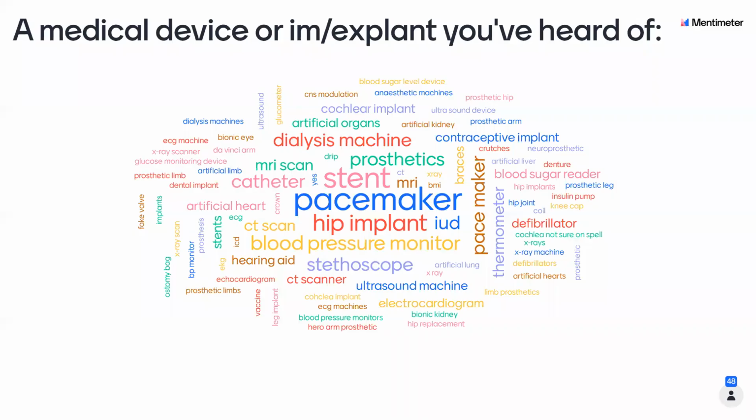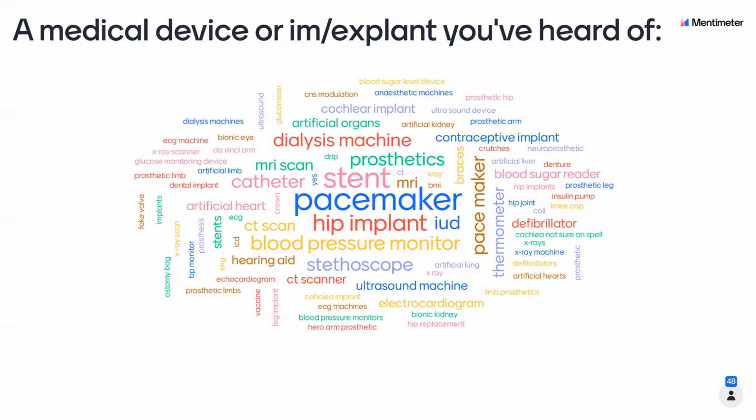If you remember again from the first lecture that we had together, and looking forward to see you all again, we had this Mentimeter that you filled in with all the devices that you knew about. And as you can see in the center of it, you've got pacemaker, stent, catheter. So these are pretty much devices that you've all heard of.